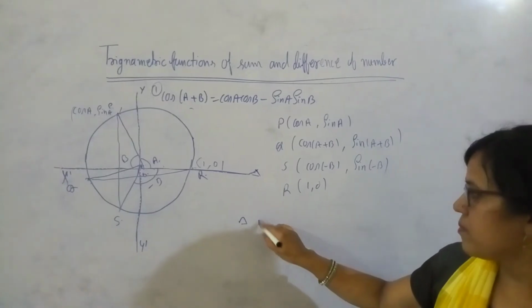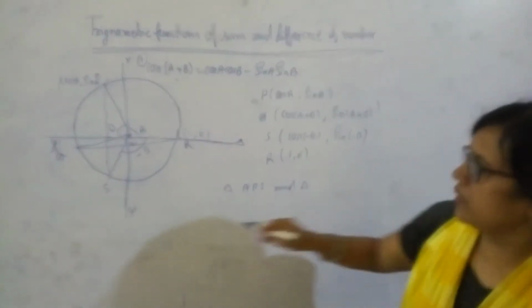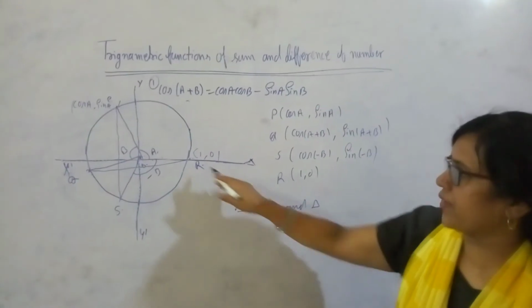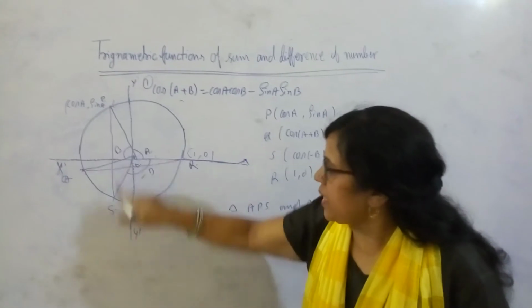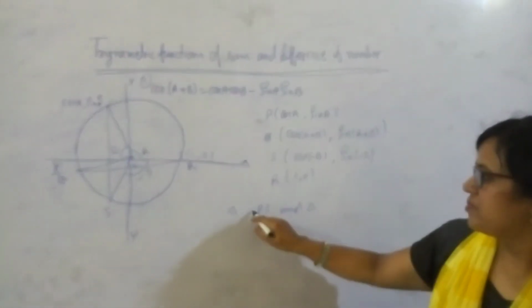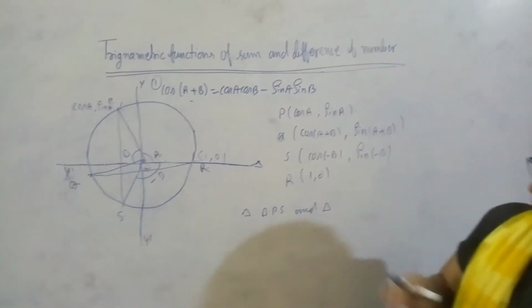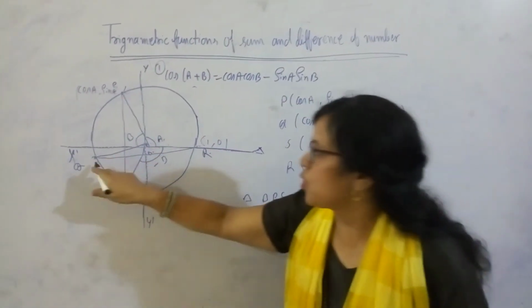Triangle OPS, and one more triangle is ROQ.